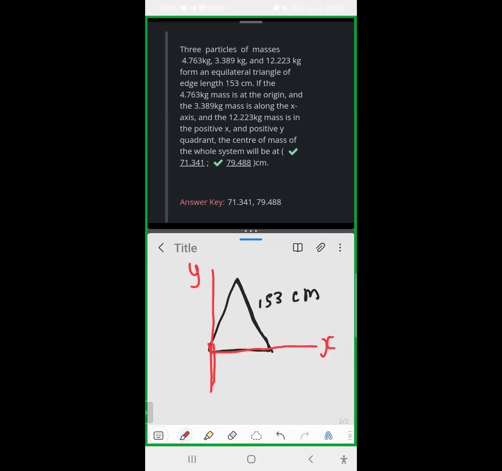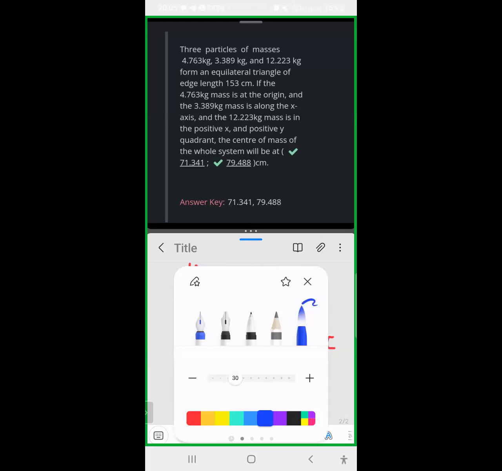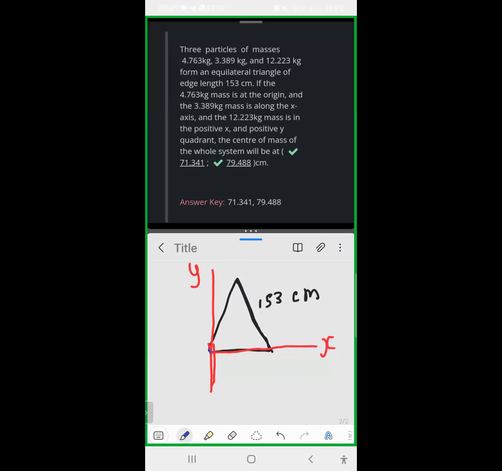Now let's label. This is our origin. So here we have the mass of 4.763 kg.